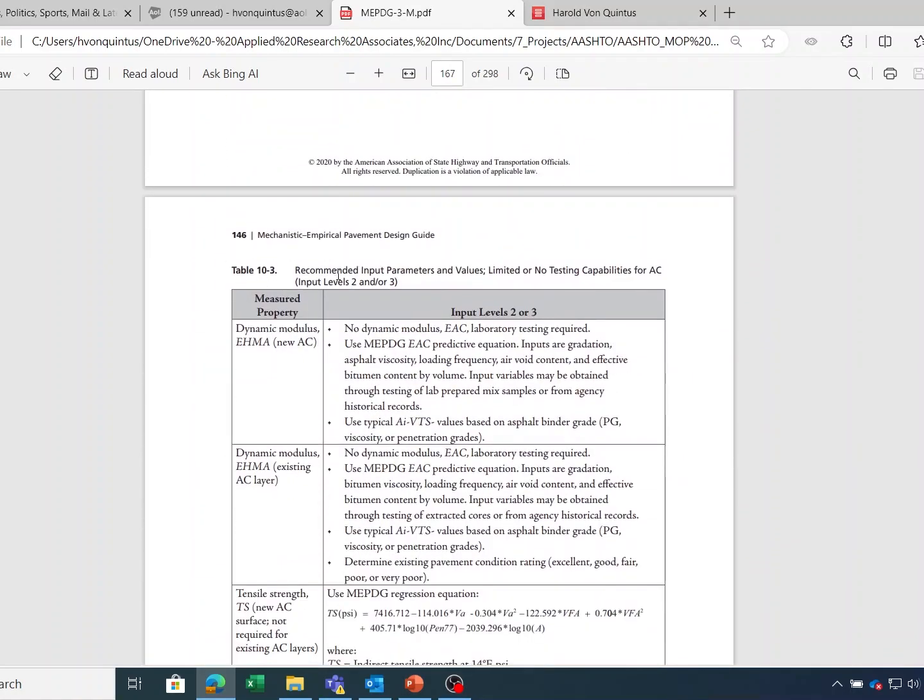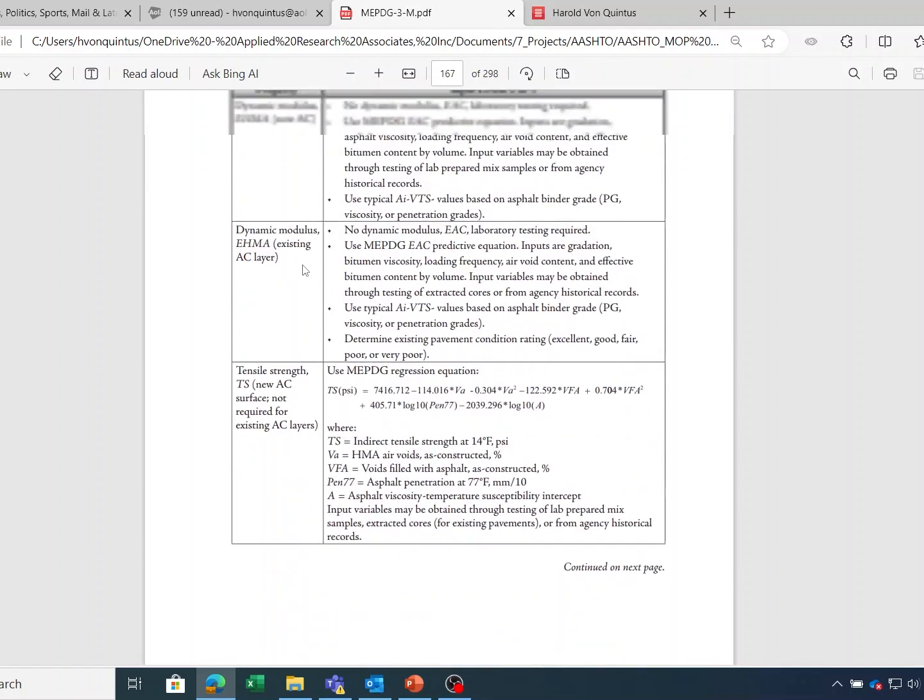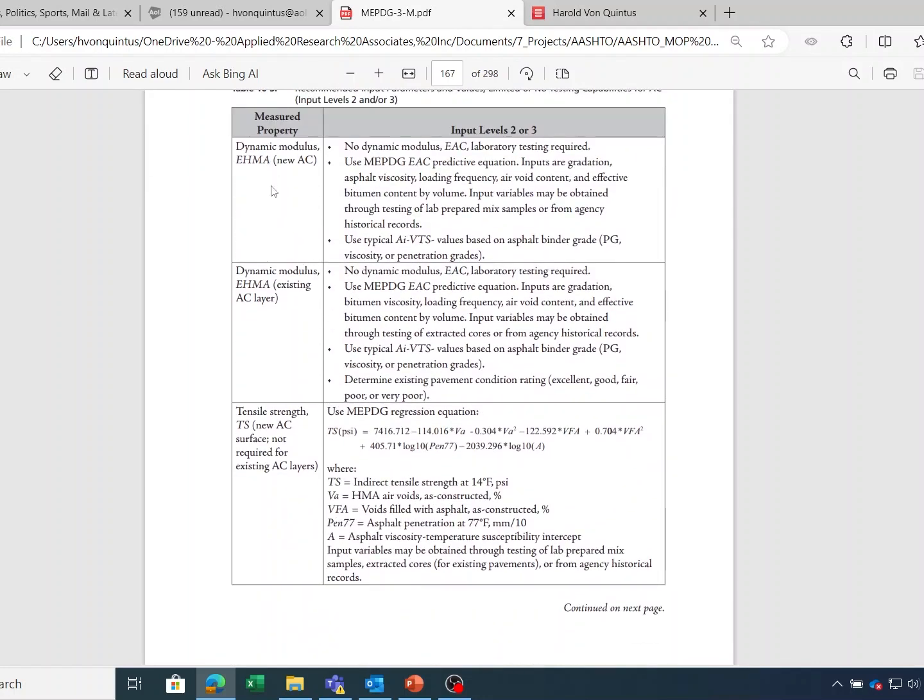And then table 10.3, the recommended input parameters and values. Those where the properties are limited or there's no testing capability for the asphalt layers. In other words, input levels 2 and or 3. The measured property itself, and then input levels 2 and 3 in terms of how that layer property is determined, either through default values or regression equations.